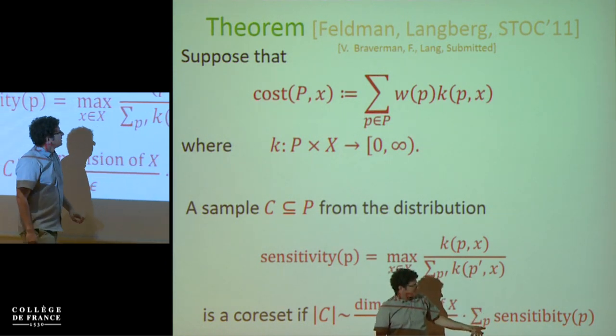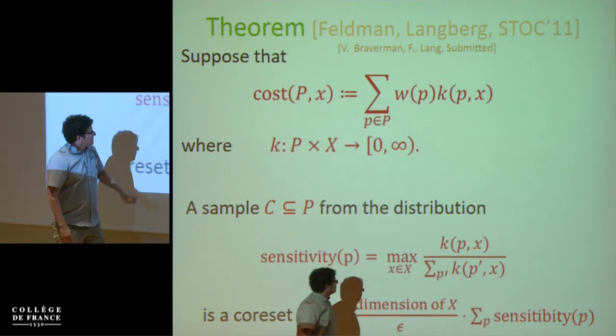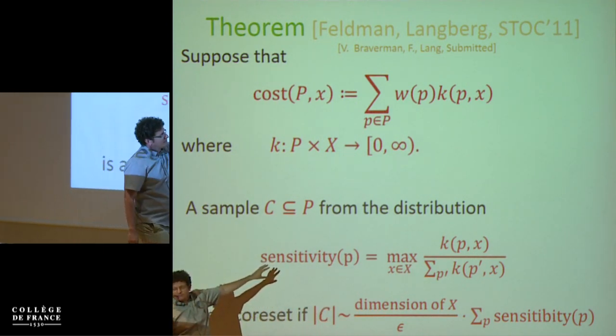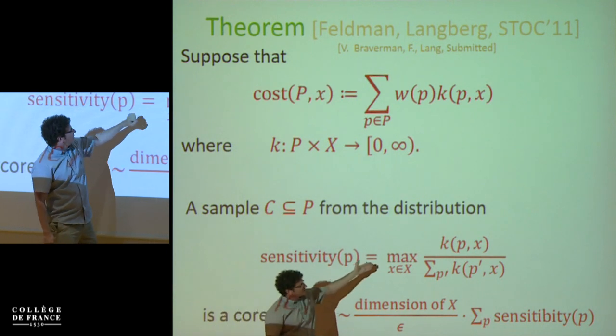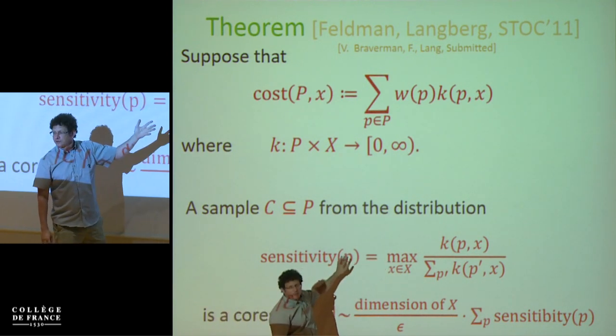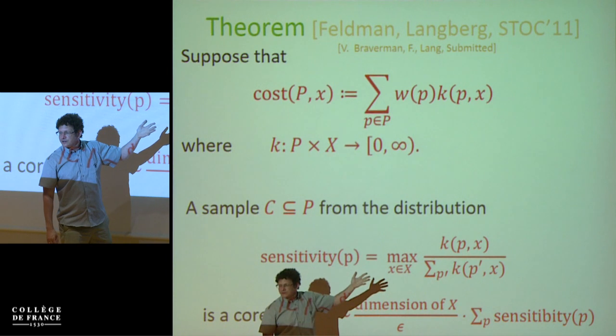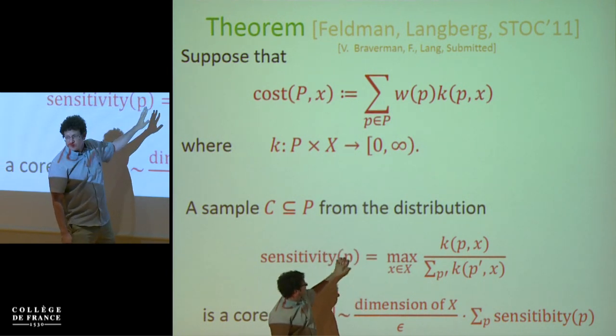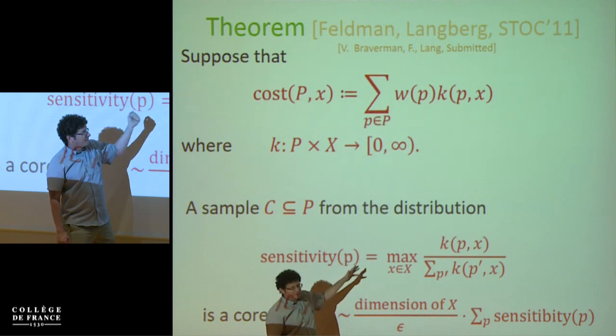So in general, how important a point is, is a number at most 1. And you really hope that not all the points are important. So the challenge is to show that for any data you give me, the sum of these sensitivities, this importance, will be small.